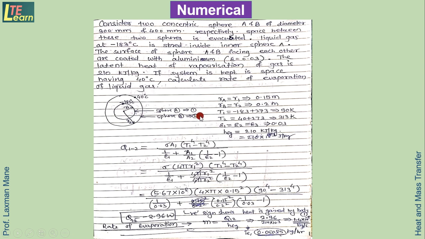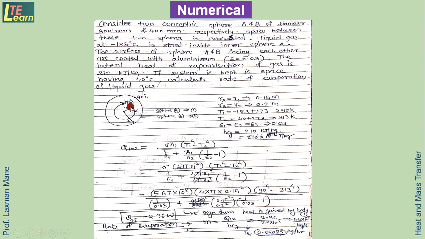Its radius R2 is 0.2 meter, because the diameter is given as 400 mm; converting into meter, it is 0.4 meter, and half of the diameter is 0.2 meter. The inner diameter is 300 mm, in meter 0.3 meter, and half of it, 0.15 meter, is radius R1.